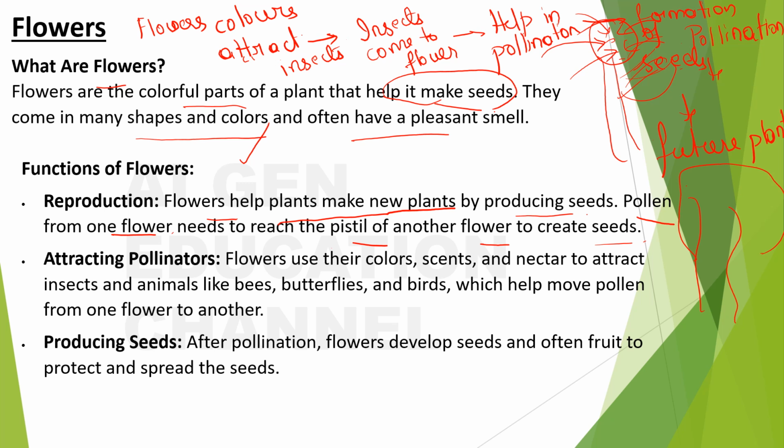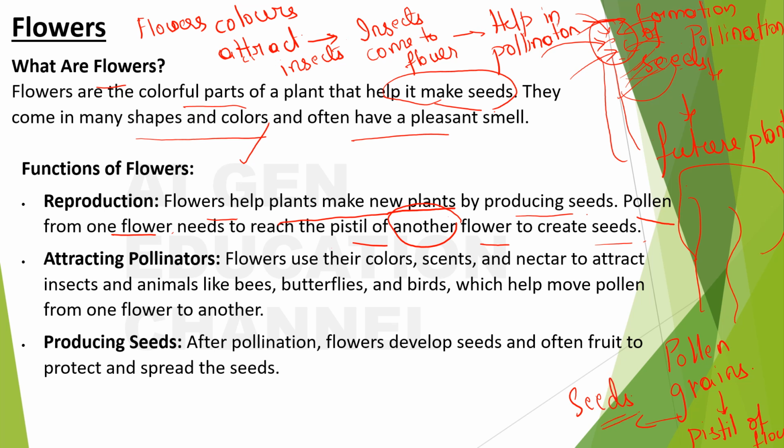It need not be another flower; in some cases it can be the same flower too. The main process of pollination is that pollen grains have to reach the pistil of the flower. Then what do you get? You will get seeds.